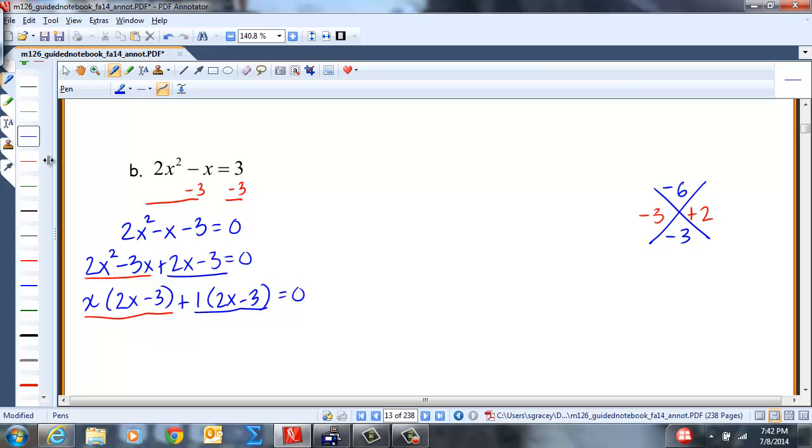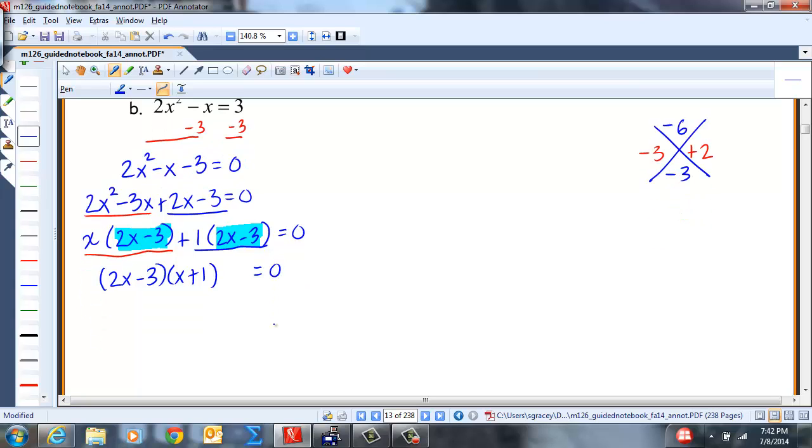Now we have a common binomial factor of 2x minus 3. So we'll factor that out, and we'll be left with x plus 1, and that'll be equal to 0.